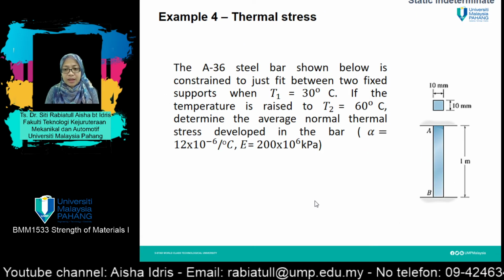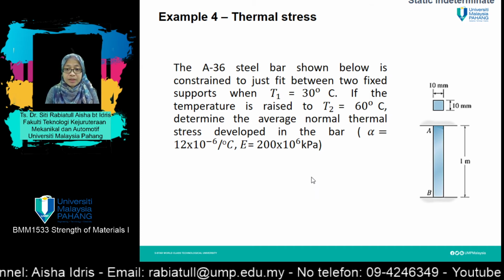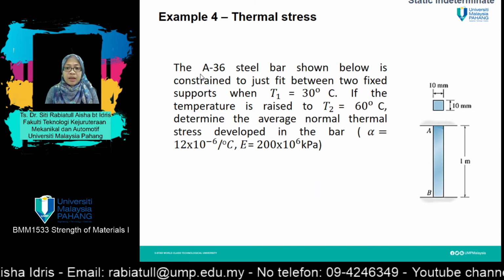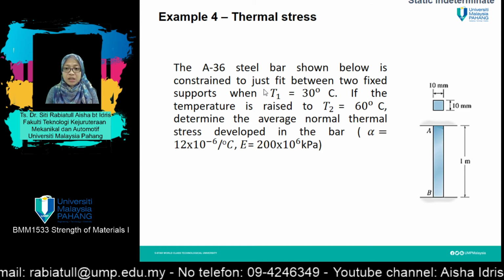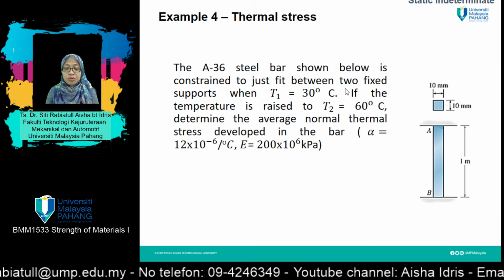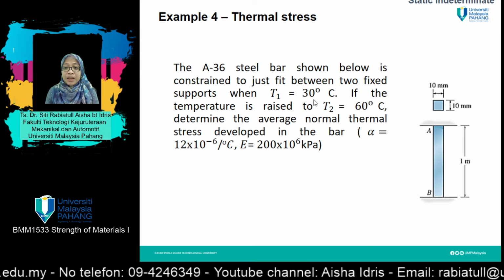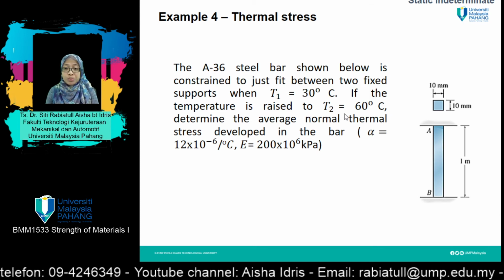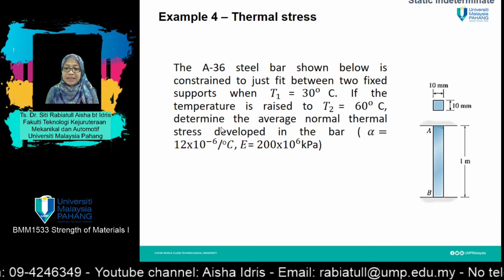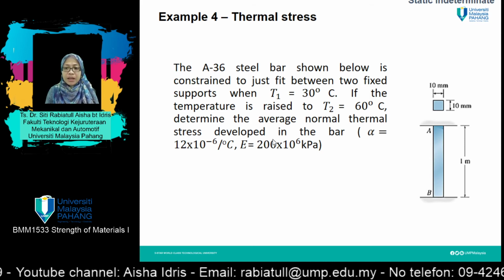I think let's look at this example to make it more clear. Let's read the question together. The A36 steel bar shown below is constrained to just fit between two fixed supports when T1 equals 30 degrees C. If the temperature is raised to T2 equals 60 degrees C, determine the average normal thermal stress developed in the bar.